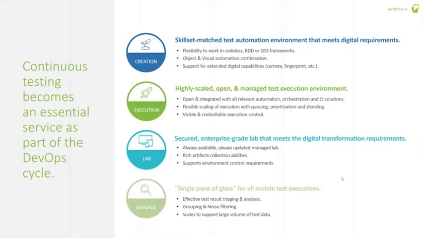Here I'm just providing you some more details into what each pillar means from a creation, execution, lab, and analysis perspective. From a creation perspective, if you double-click that pillar, you will see that you need to have the flexibility, especially when you deal with so many different personas and skill sets.